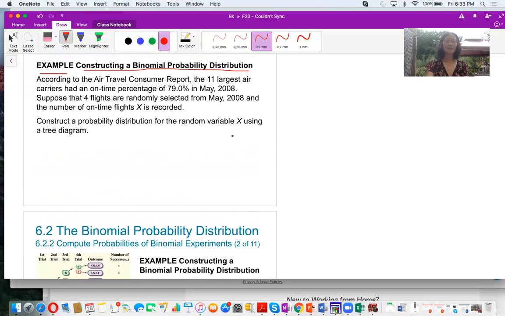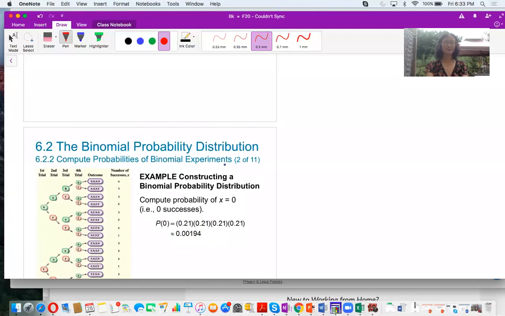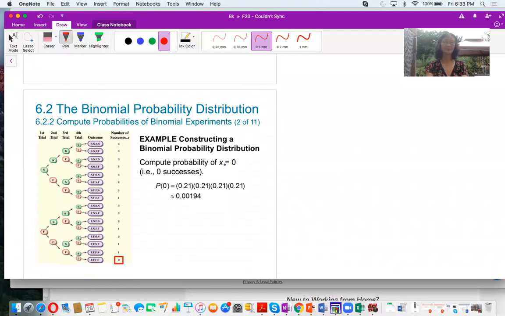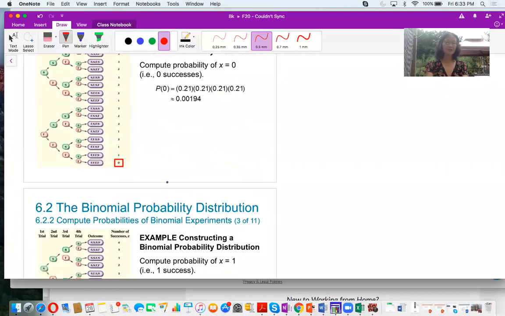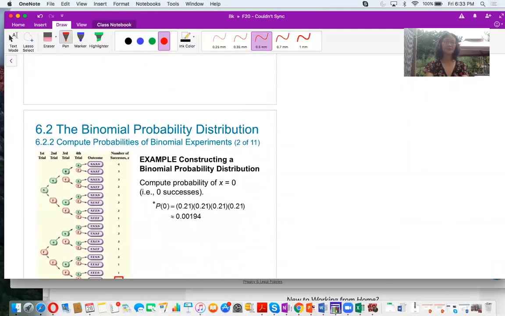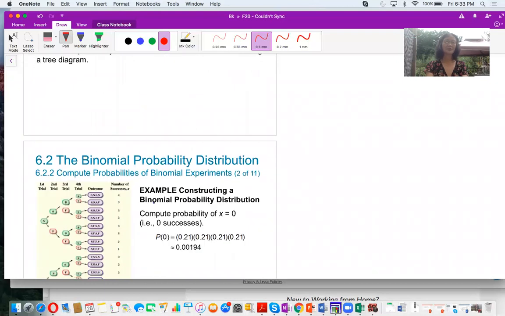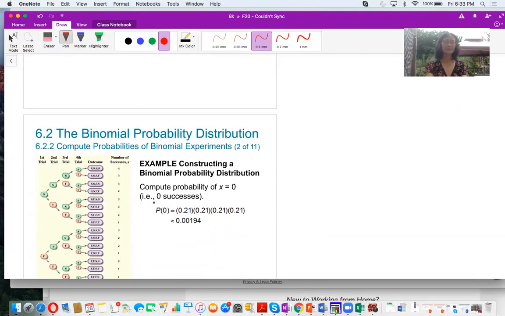So the question is, you select 4 flights, and the number of on-time flights is X. So this is using a tree diagram.